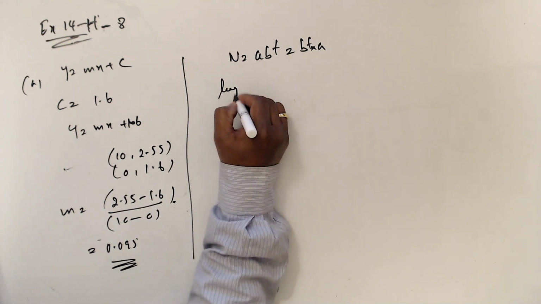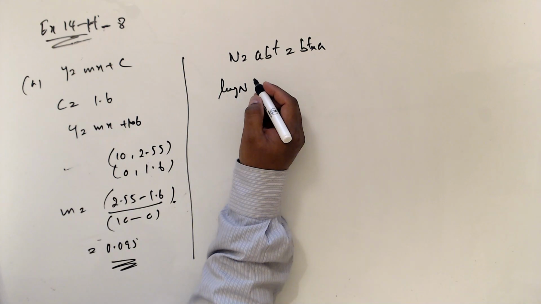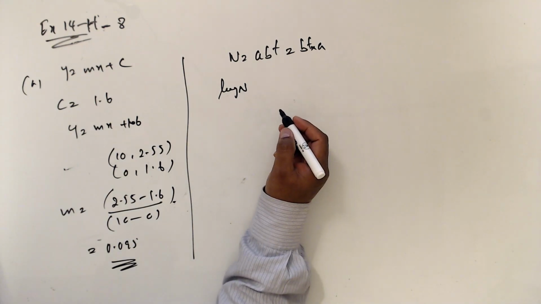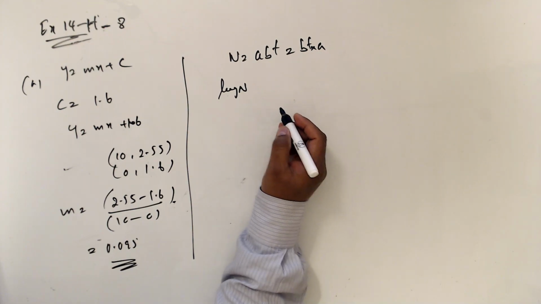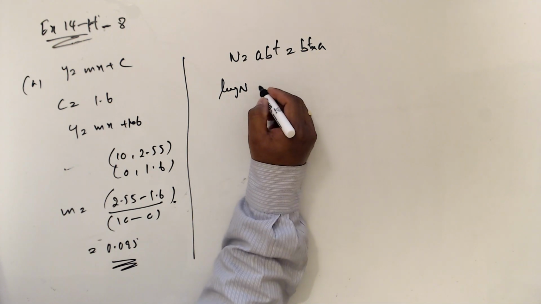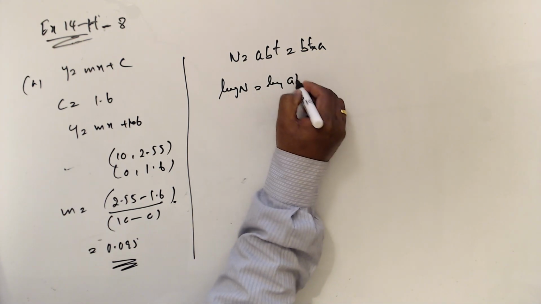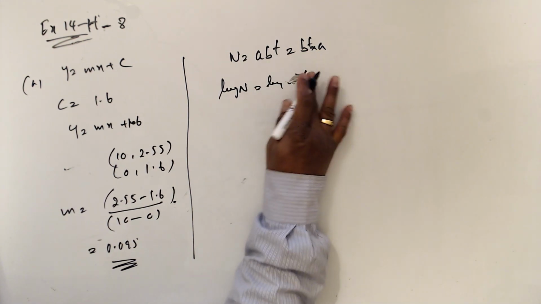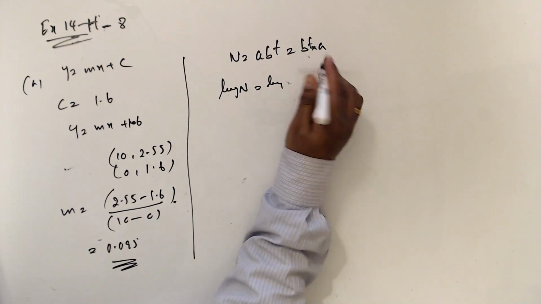So log n equal, so I can see the graph T and log n, the given graph. So log n equal log ABT, sorry, BTA.